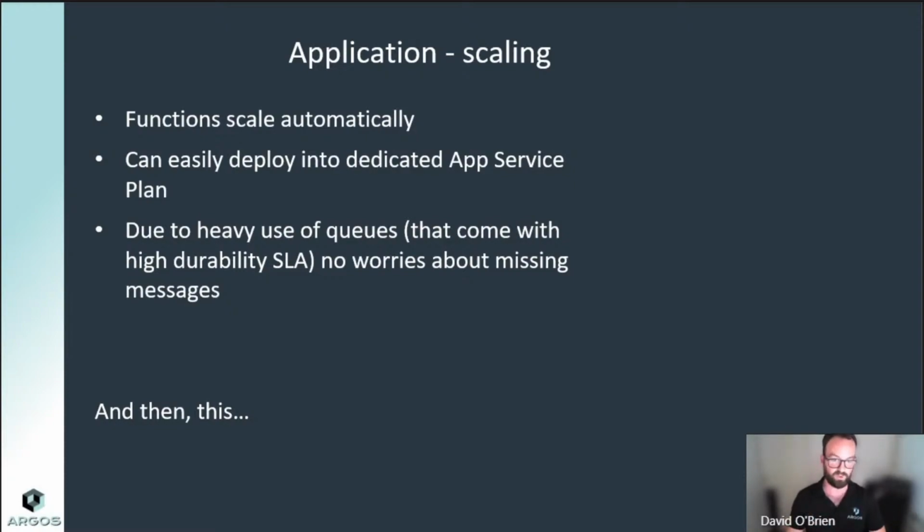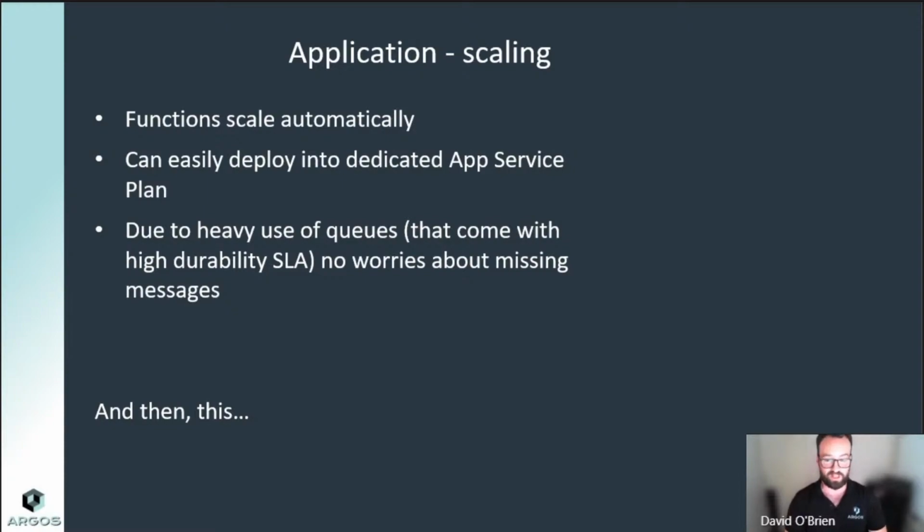I think they have 11 nines durability SLA on storage account, which means pretty much whatever you put on, you're always going to get it back. Doesn't mean it's always available, always there. That's the very big difference between durability and availability SLA. But once it's back, we're not going to miss that message. We're just going to pick up from where we left off.